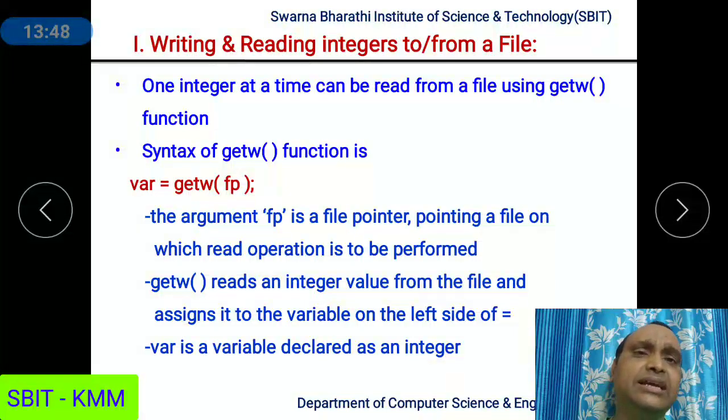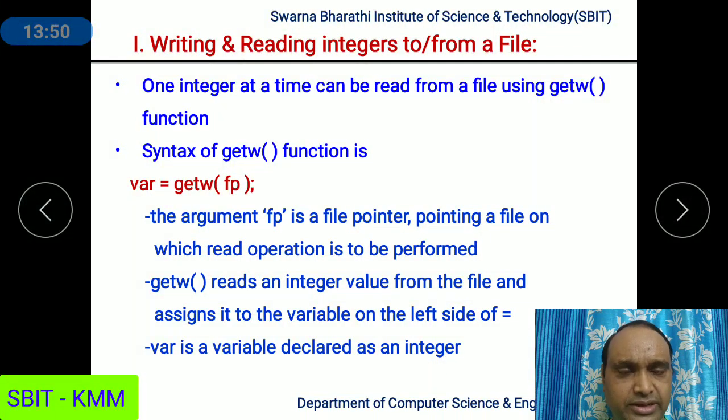Now, like the getc function, the getw function reads an integer value rather than a character. After reading an integer value from the file, getw moves the file pointer to the next value to be read. Automatically the file pointer is moved to the next value, so that it always points to the value that is to be read next from the file.